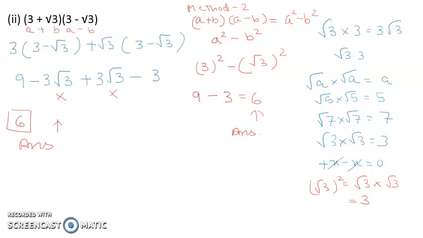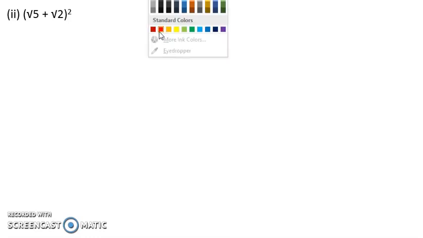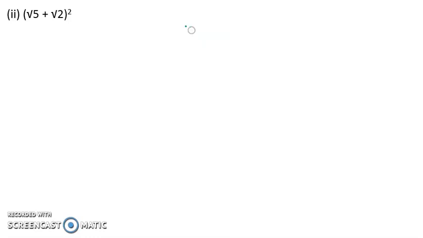Okay, students. So now see the next question. Root 5 plus root 2 whole square. See carefully. You can clearly see root 5 plus root 2 whole square. If you remember the identity studied in class 8, a plus b whole square is equal to a square plus b square plus twice ab, right?